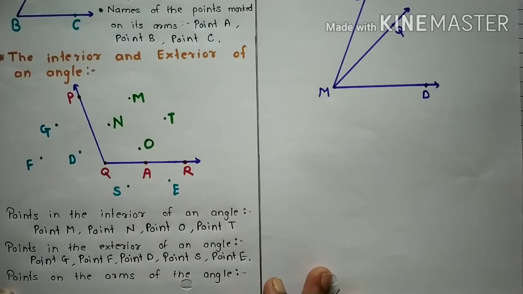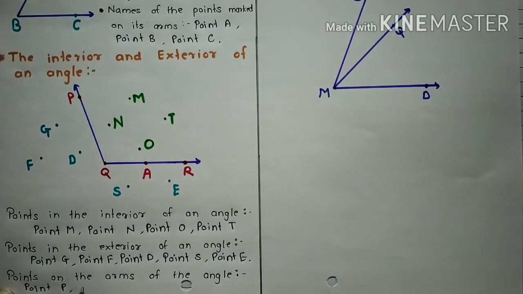So here we write down point P, point Q, point A and point R.